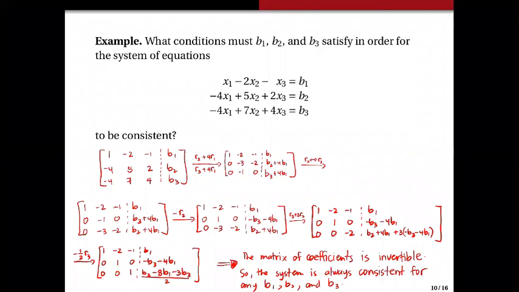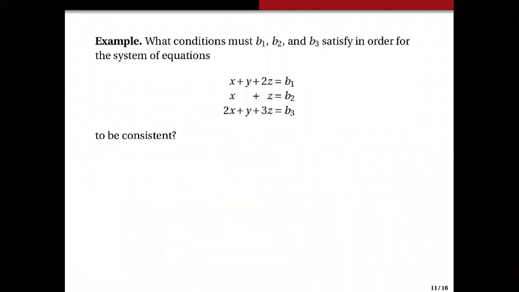Now, what if we have this? x plus y plus 2z equals b1, x plus z equals b2, 2x plus y plus 3z equals b3. What are the conditions for b1, b2, and b3 so that this system is consistent?